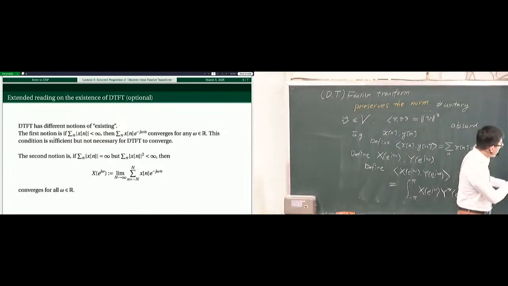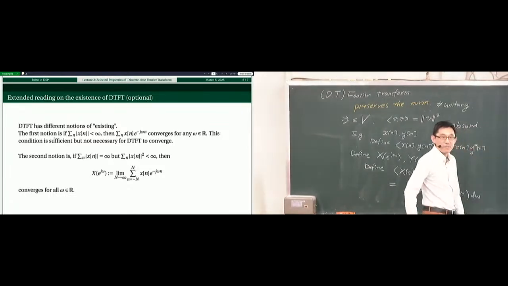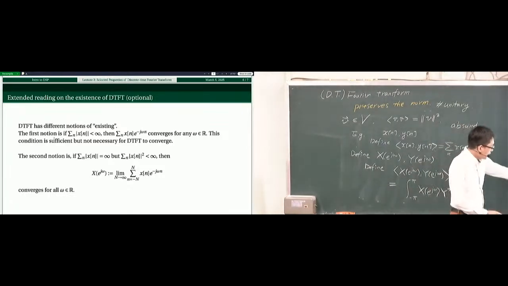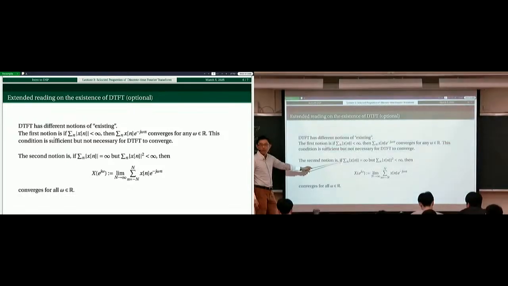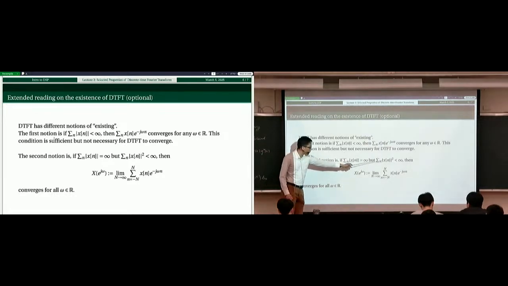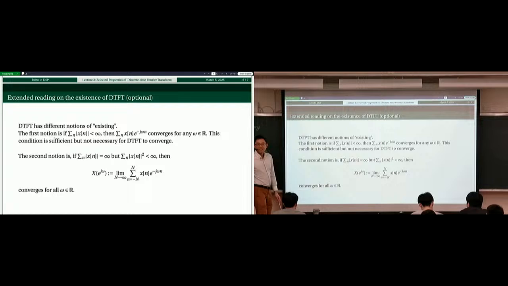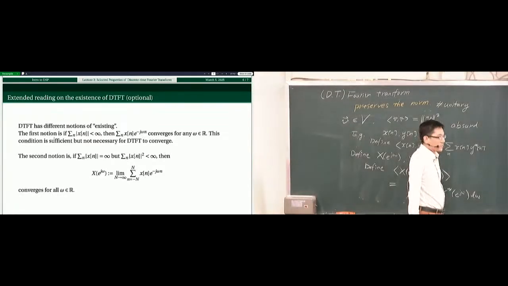Well, 19th century mathematics tells us that if x is not absolutely summable, if this diverges, but the sum of squares converges, all right?